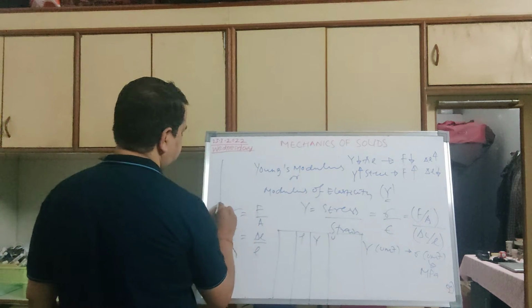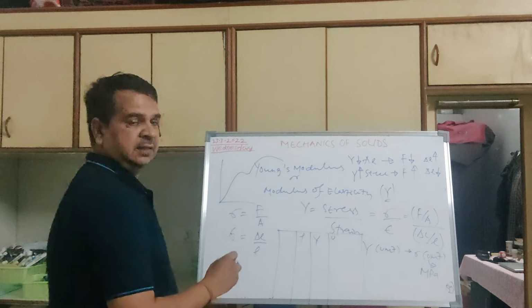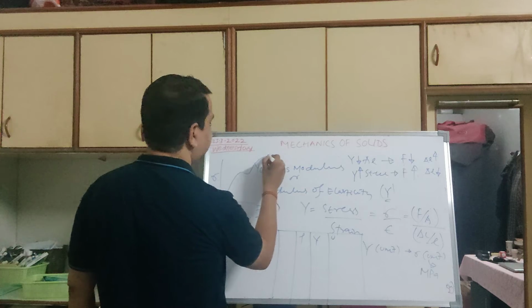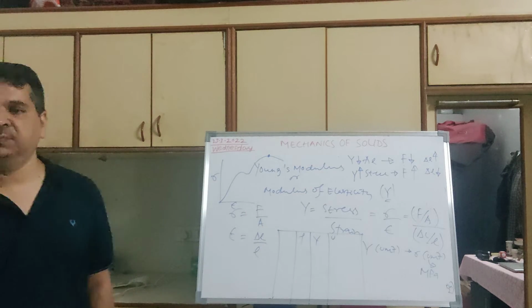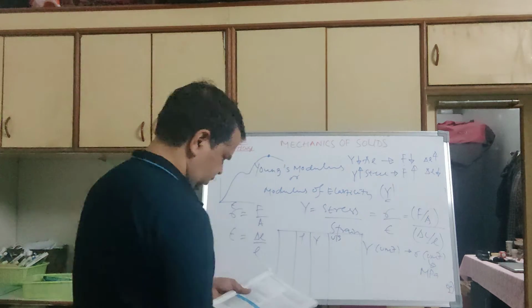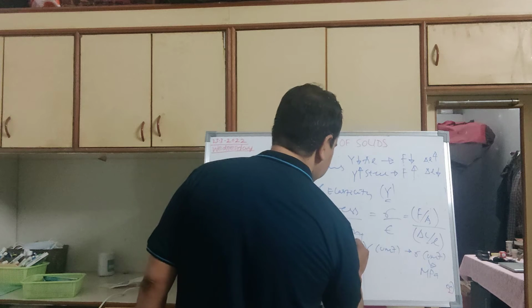We'll study that actually. In the stress strain diagram, you might have seen something like this. You have stress here, you have strain here. This maximum stress it can carry is called ultimate strength, or ultimate tensile strength, UTS. And then you can have a yield strength also.